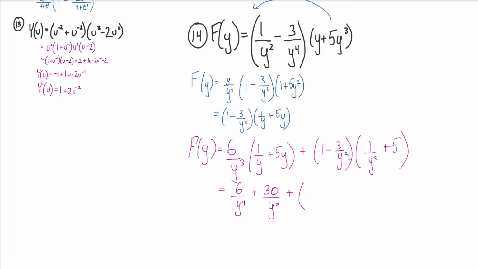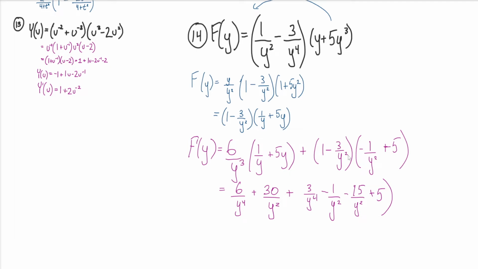I like to multiply the variable parts by each other no matter what, right? So I'd like to do 3 over y to the 4, minus 1 over y squared, minus 15 over y squared, and then plus 5.